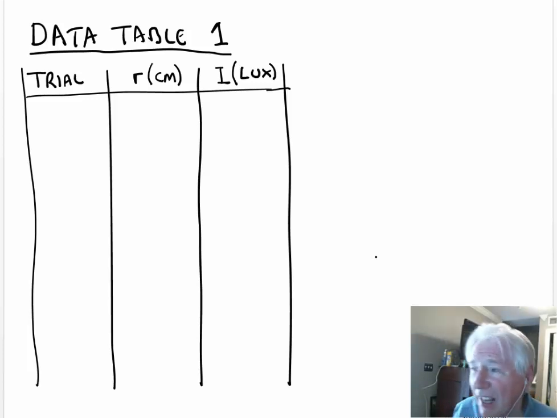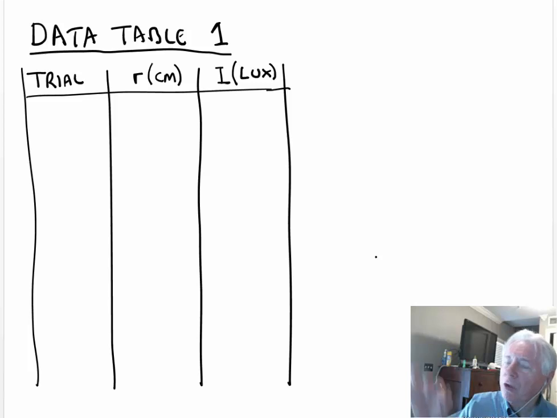Now, the next question is, how many data points do we need? And my answer is, you need as many as it takes. And in truth, you don't know how many it takes until you've gone through this analysis and plotted out the I versus 1 over R squared graph.